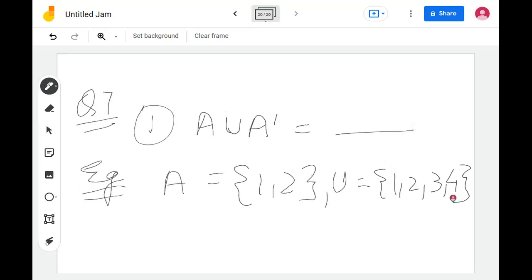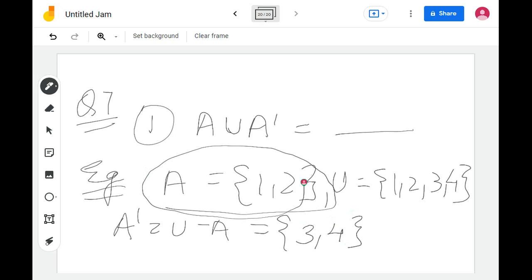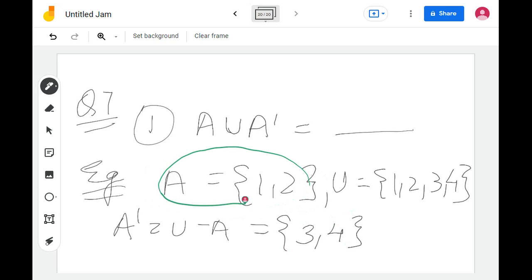Now A complement is union minus A. What we get is 3, 4. A complement is 3 and 4, and our A is 1 and 2.